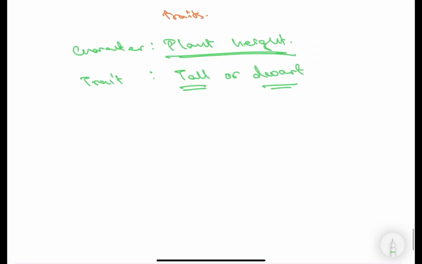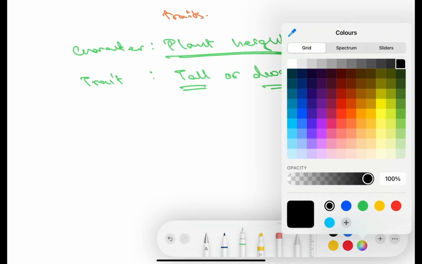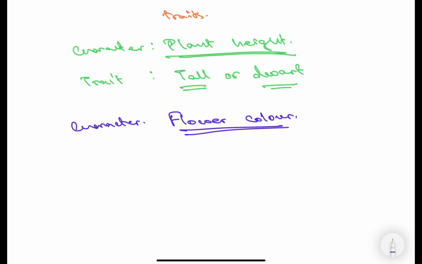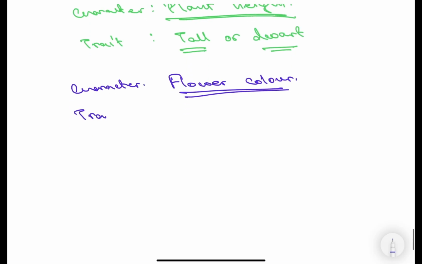Another example may be flower color. This is the character, and its traits may be purple or white.